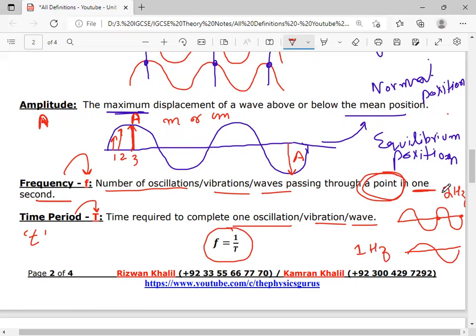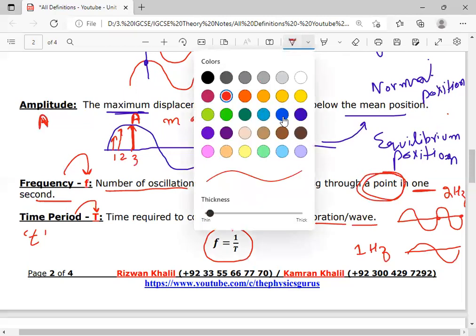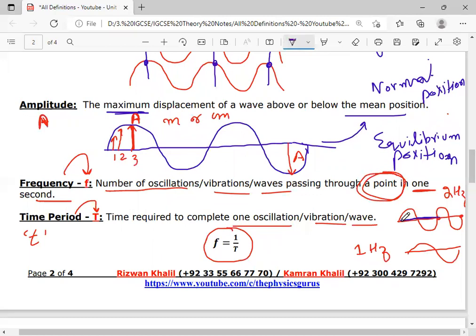So the larger the frequency, the smaller the time period, because time period is the time to complete 1 wave. So that will be the time period for this wave, and the smaller the frequency, the larger the time period. So time period and frequency are inversely proportional to each other.